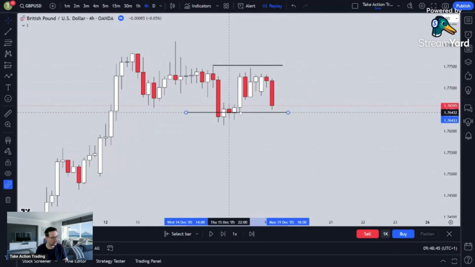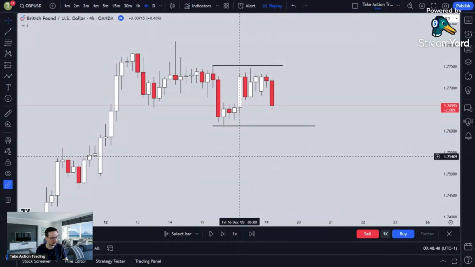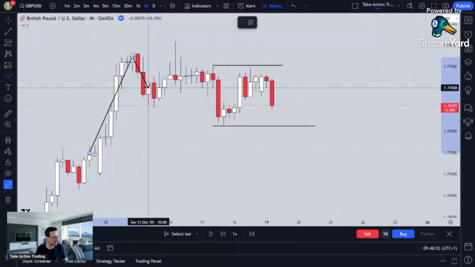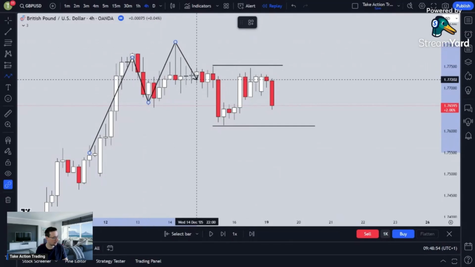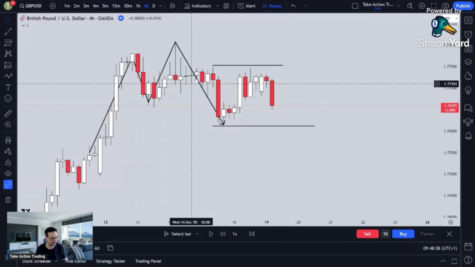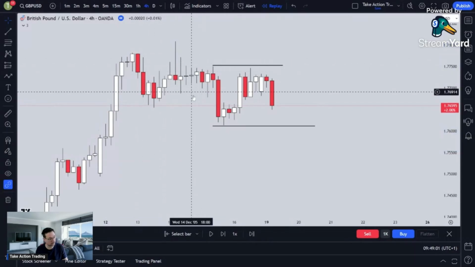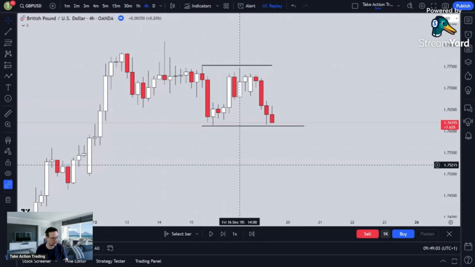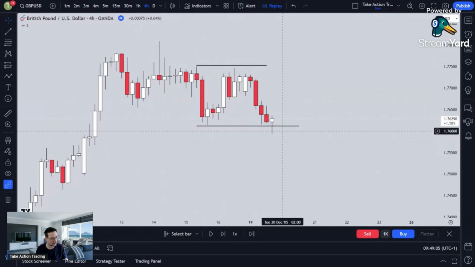So let me just move this down to this low. So sellers are still in control of price because we have come up here, we have pushed, and we've now broke this low here to this side. So I'm just going to keep these lines on and we can watch price. So sellers are in control of the market and now they've made a new low.